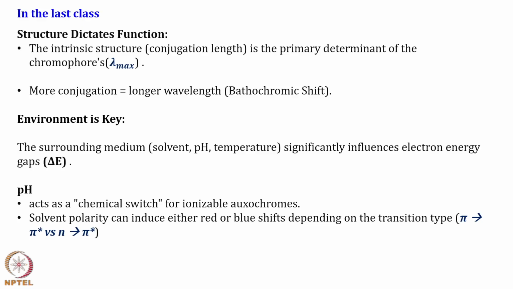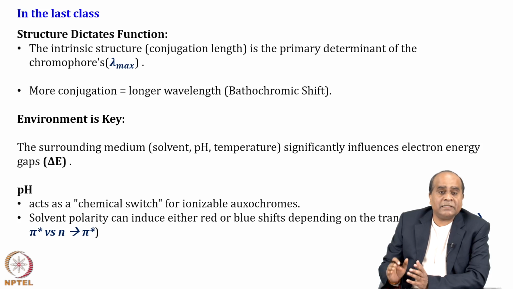Welcome students. So, we were discussing the applications of UV visible spectroscopy in this course, biomolecular spectroscopy. If you remember what we discussed in the last class, how the structure dictates the function, that means the intrinsic structure of a chromophore determines the absorption frequency or the wavelength of a chromophore.